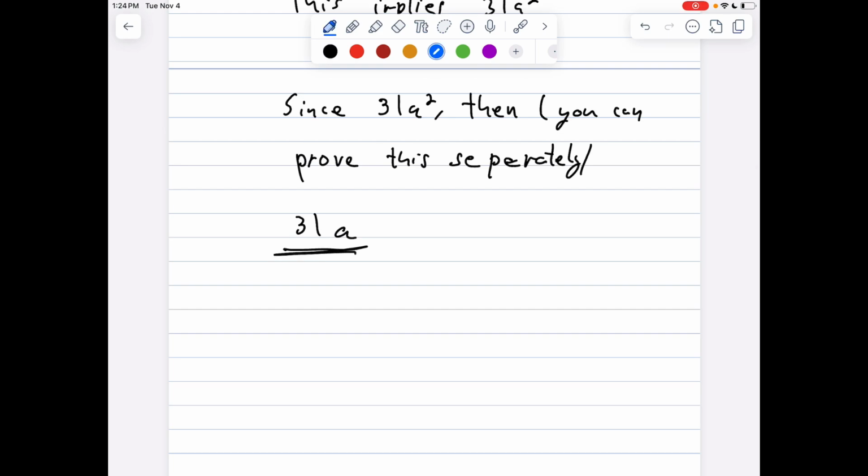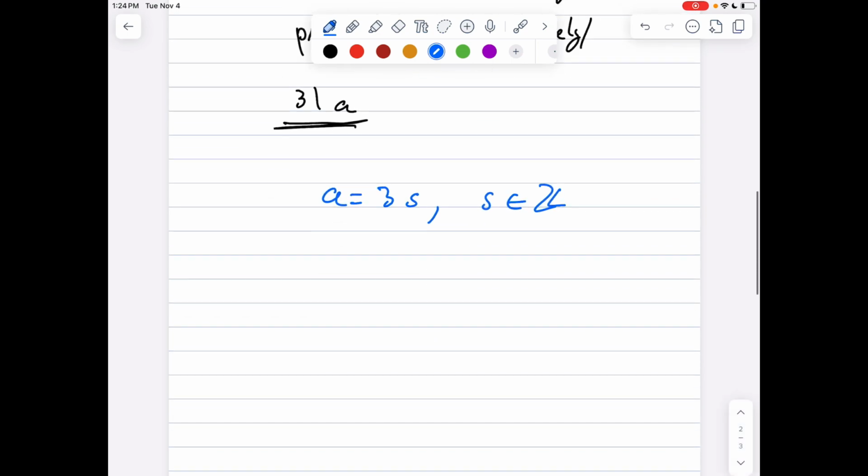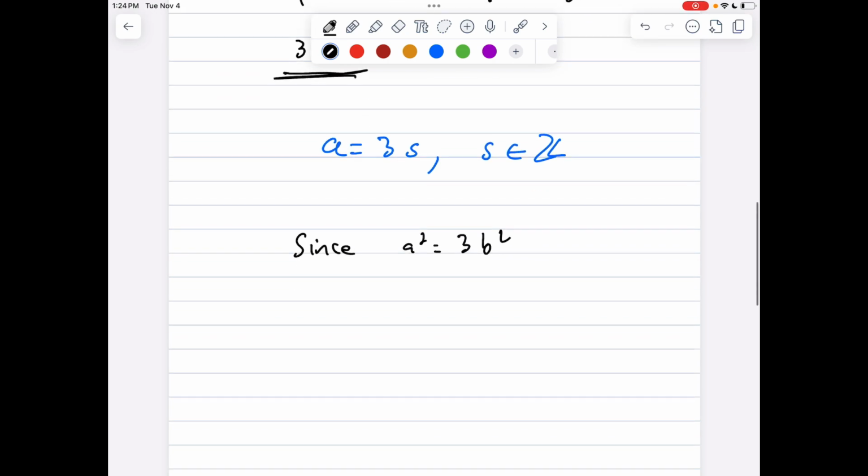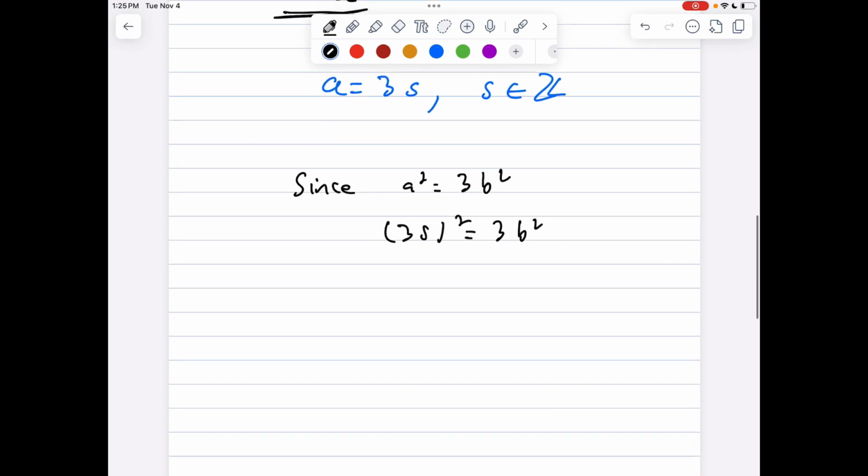What would that mean? Well, that means that a is equal to 3 times some integer, call it s. So s is an integer. And since a squared equals 3b squared, if you replace the a with 3s, you get (3s) squared equals 3b squared, which would mean 9s squared equals 3b squared, or b squared equals 3s squared.